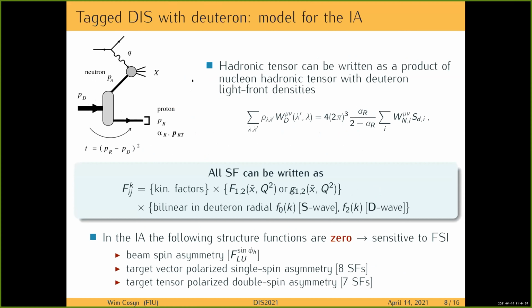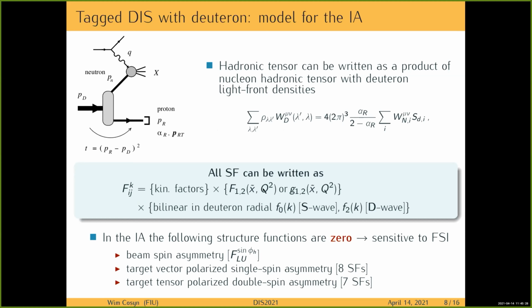All right, so if you then calculate the structure functions that appear in the cross section, we look at the hadronic tensor, we do the decomposition, so we get to the different structure functions. We get the factorization, so you get the nucleon hadronic tensor, and then some light front densities here. And these actually look a lot like what we would call TMDs for nuclear physics. So they encode how the nucleon is distributed inside this deuteron on the light front, right, with transverse momentum dependence.